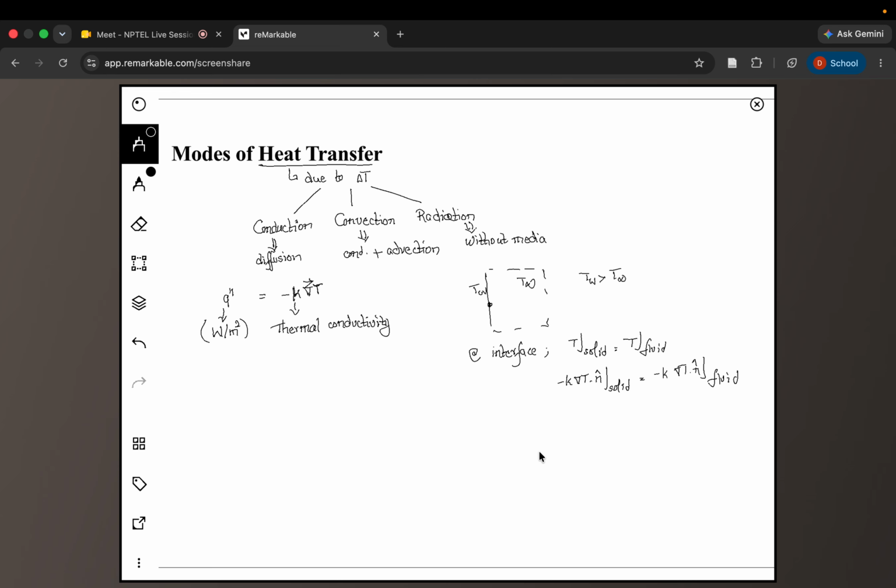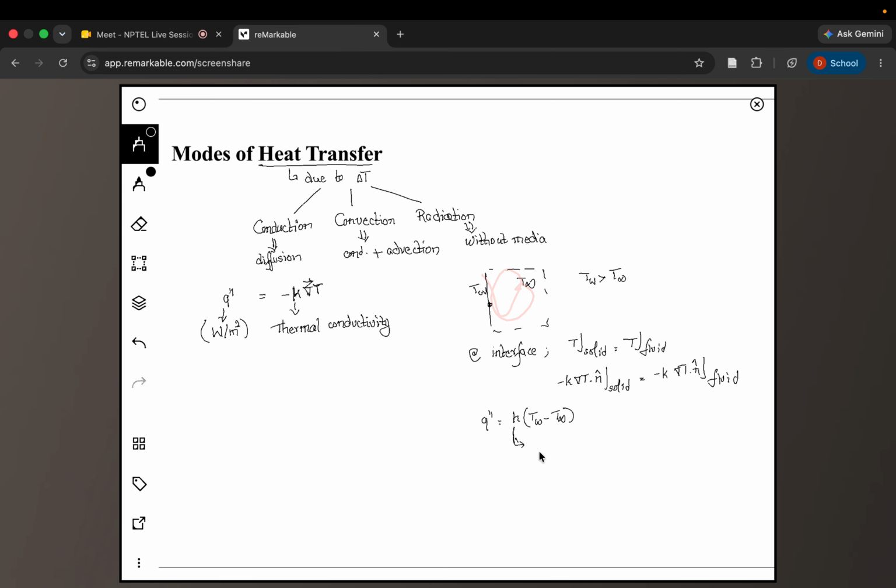In general, what we do is use Newton's law of cooling, which simplifies this entire thing, and we will say that the net heat flux will be given by h times Tw minus T infinity, where h is called the heat transfer coefficient. Unlike the thermal conductivity, the heat transfer coefficient is not a constant, but it is going to be a function of several things, including the properties of the fluid.